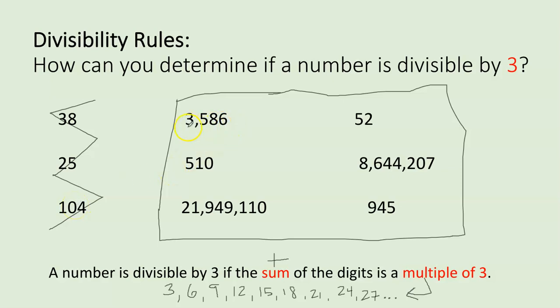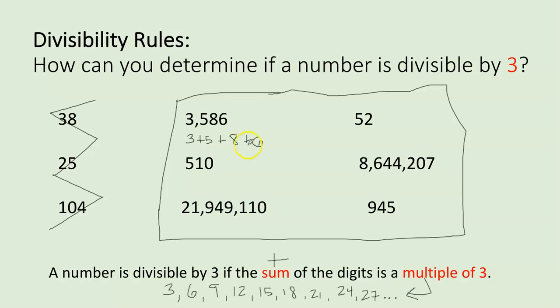All right, so let's look at this example here. We need to add the digits together. So 3 plus 5 gives us 8. And then we take 8 and we add 8 and we get 16.